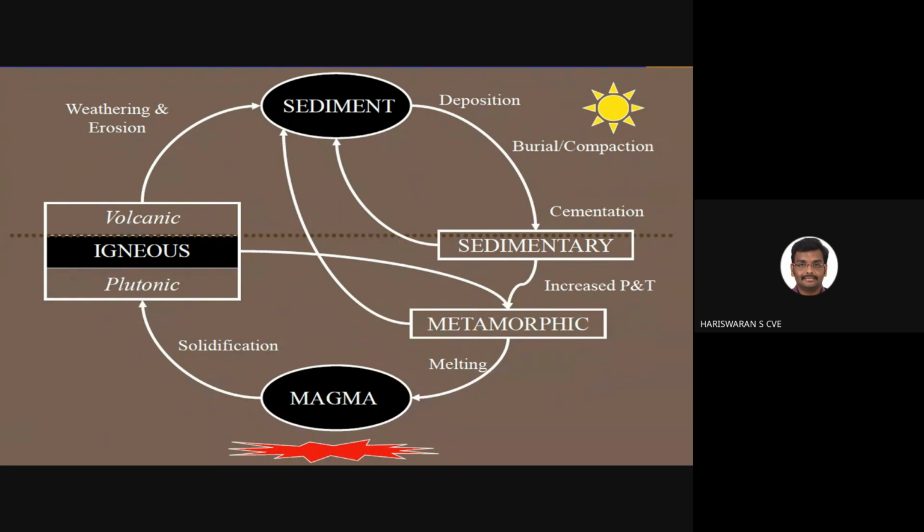This happens when an already formed rock undergoes structural changes or mineral orientation changes, and a new type of rock evolves, called metamorphic rock. All rocks may undergo this once again; this is called the rock cycle.